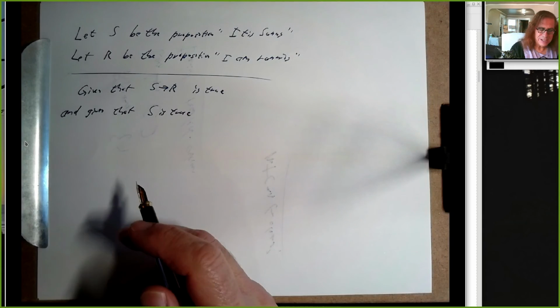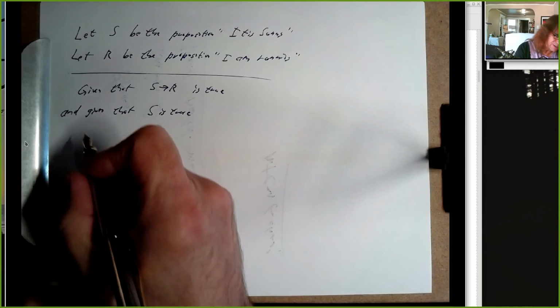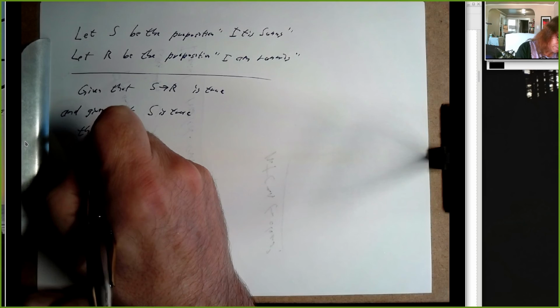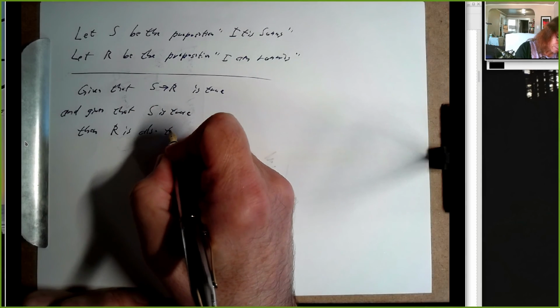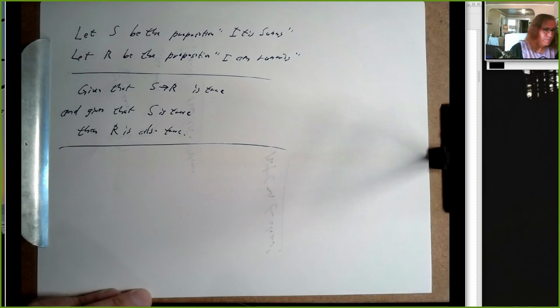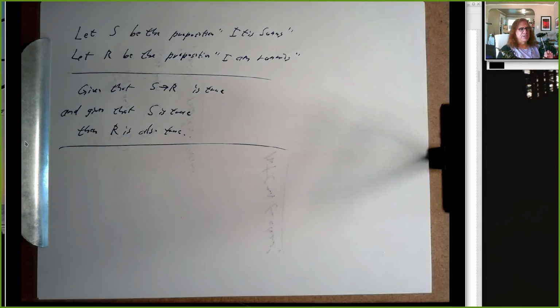So given that S implies R is true, and given that S is true, then R is also true. All right, that's our game plan here.